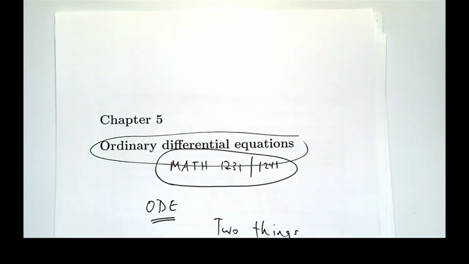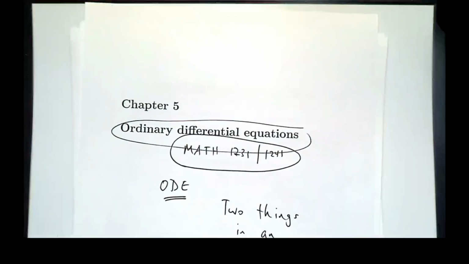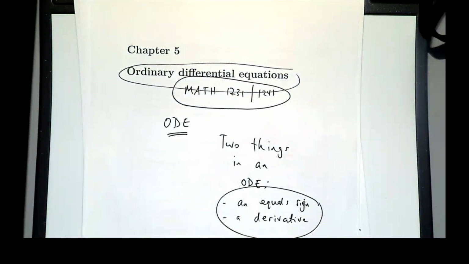So just to refresh our memory, because I know it's early in the morning, a differential equation has 2 things, an equal sign and a derivative. That's it. Like most equations, we want to solve them somehow, any way we can.